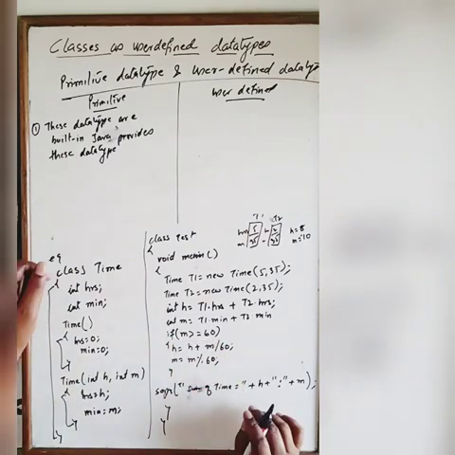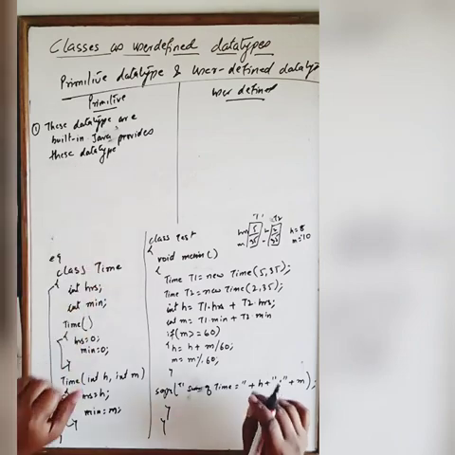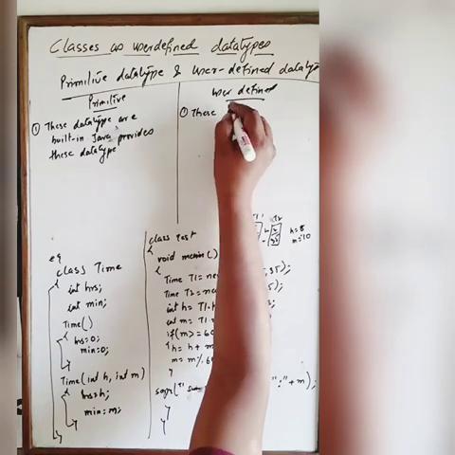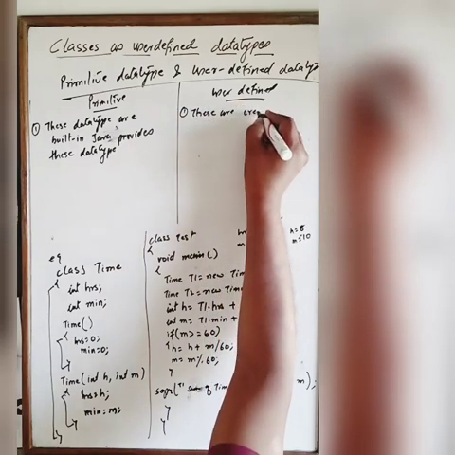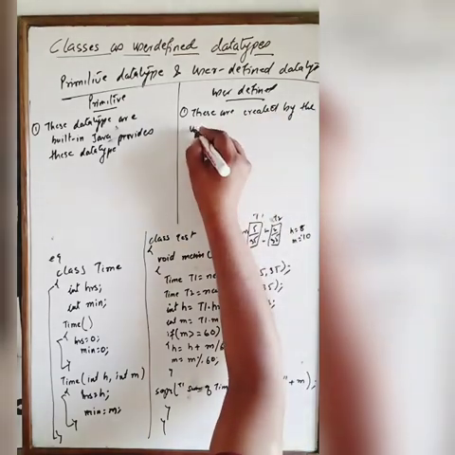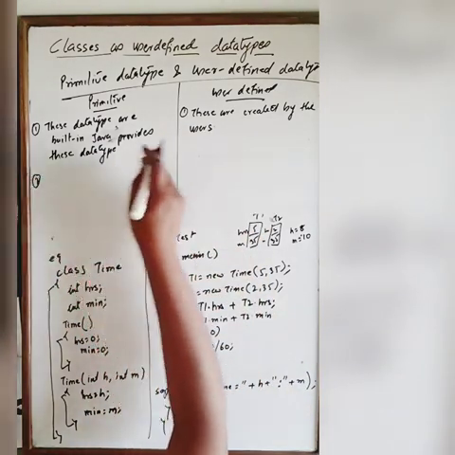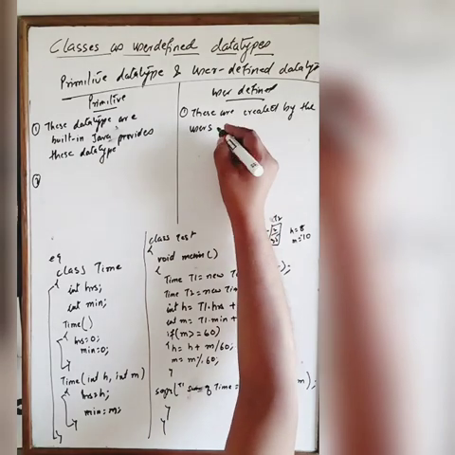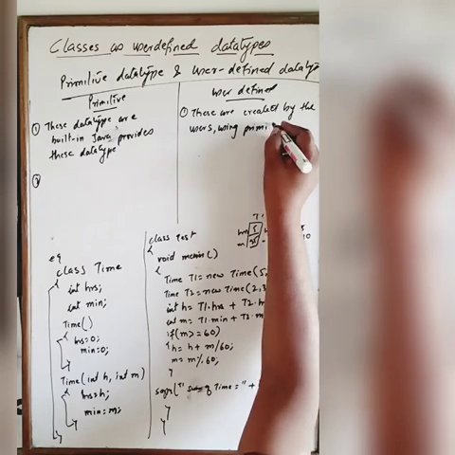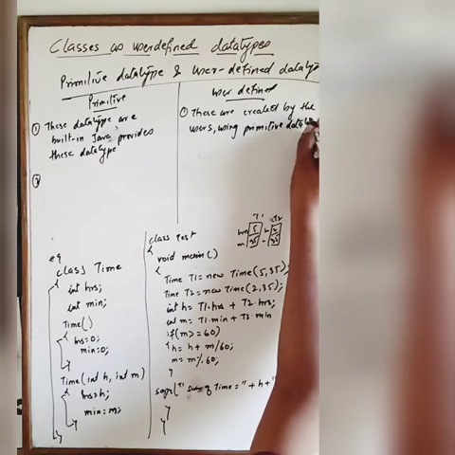You have 8 built-in data types, and they can be used, and Java provides them in the language. First point, in this, these are created by the users, using primitive data types.